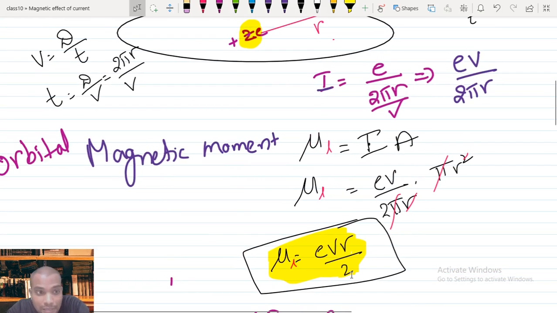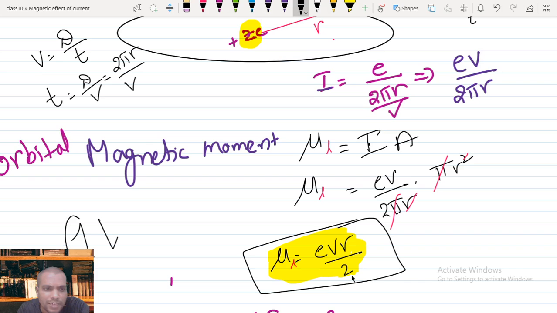So the suffix L denotes the orbital magnetic moment. Other than this orbital magnetic moment, the electron also has a spin magnetic moment. One is spin up, one is spin down, that is the way you represent them. So what is spin up and spin down?